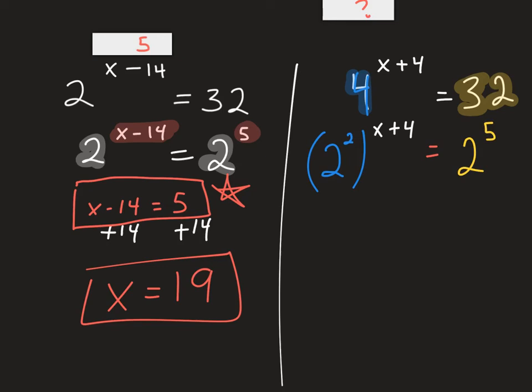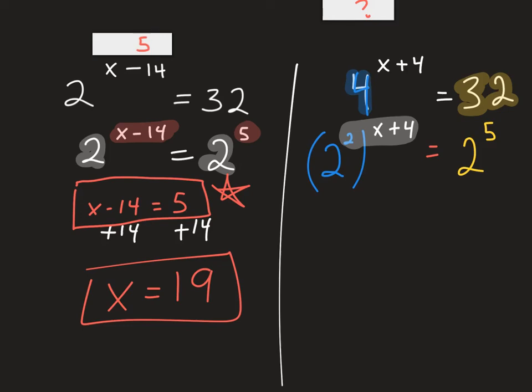All right, now I do pretty much have matching bases, but now I need to attack all of my exponent stuff going on here on the left side. So I have an exponent of 2 and then raised to an exponent of x plus 4. So whenever you have a power raised to another power, I think that's very powerful, and we're going to multiply those exponents together.